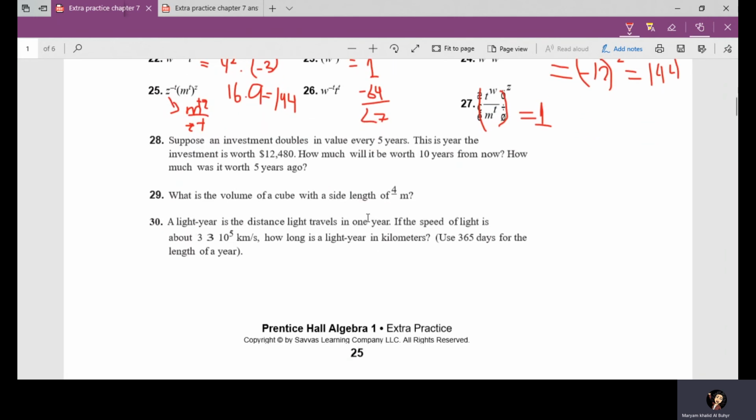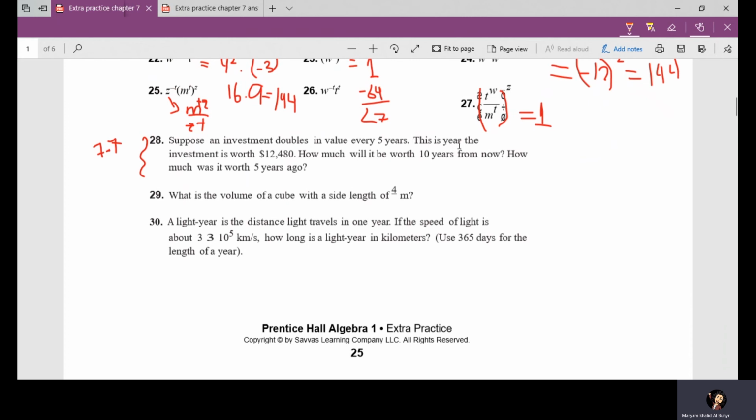Now let's look at this one. To be honest, this question is related to lesson 7, but I have to explain it because some students like to learn more and practice more, and you might have it in Pearson. So suppose an investment doubles in value every 5 years.